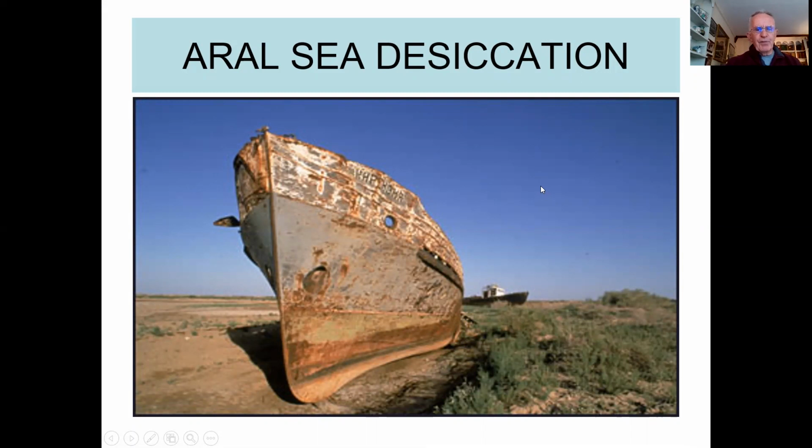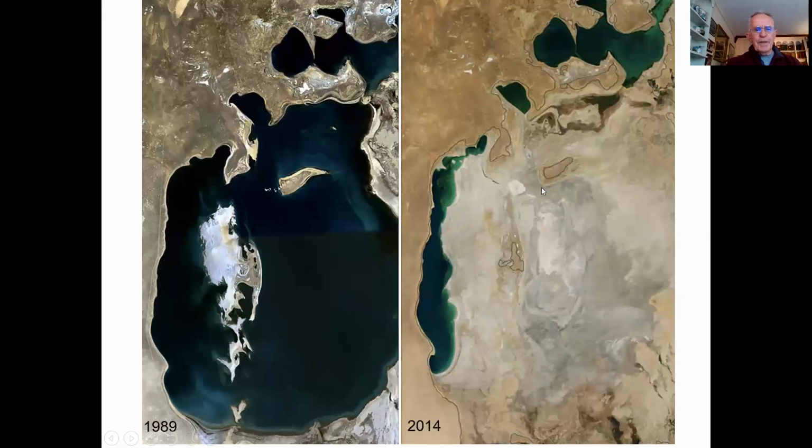Once a very large body of water with fishing boats and so on, it's now a shadow of what it was. So here we have a satellite image of the Aral Sea in 1989, and we see it again in 2014.